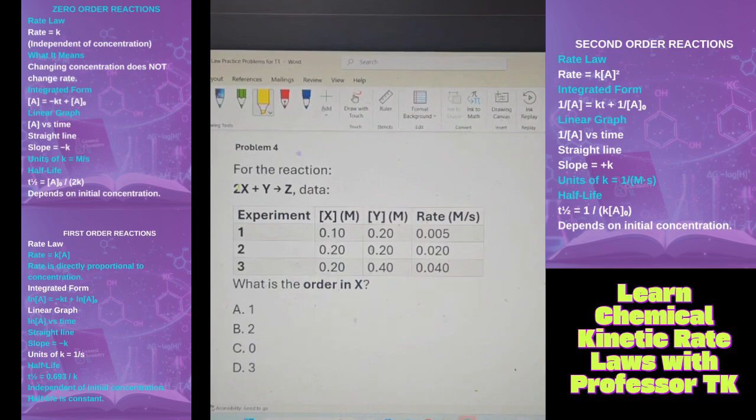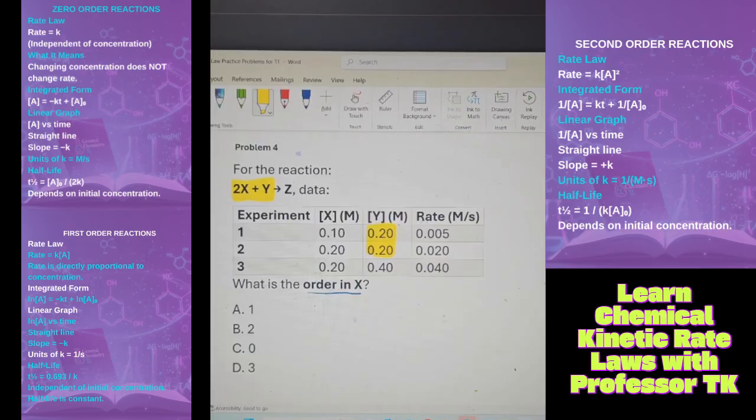This next one, you have 2x plus y equals z. We don't have to worry about the z part. We're just going to ignore that for right now. So right here, what is the order in x? Remember how I said you're going to hold y constant so that you can focus on x? So when you're focusing on x, you're going to make sure that y doesn't change.